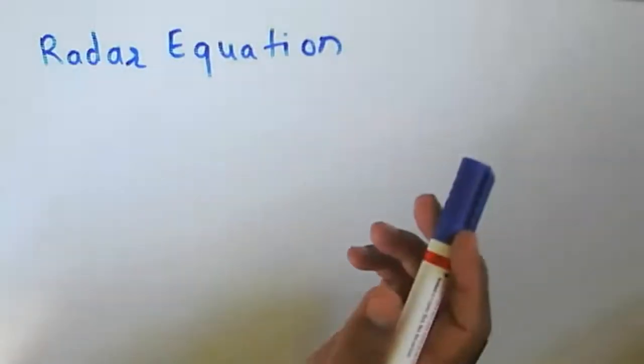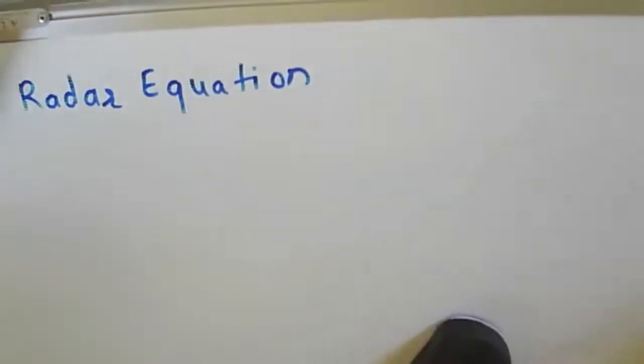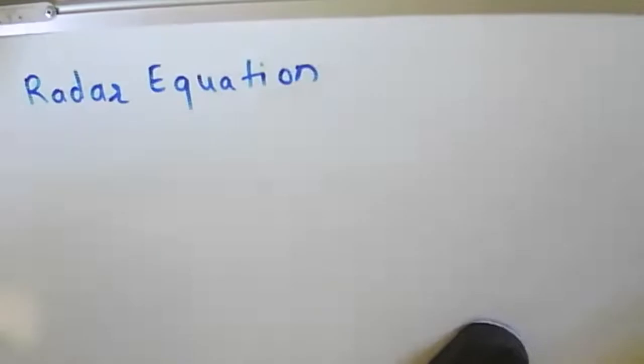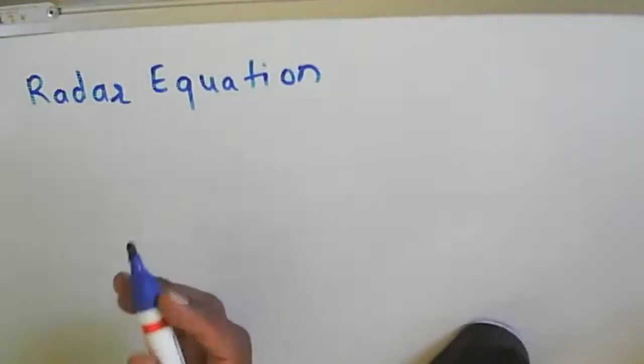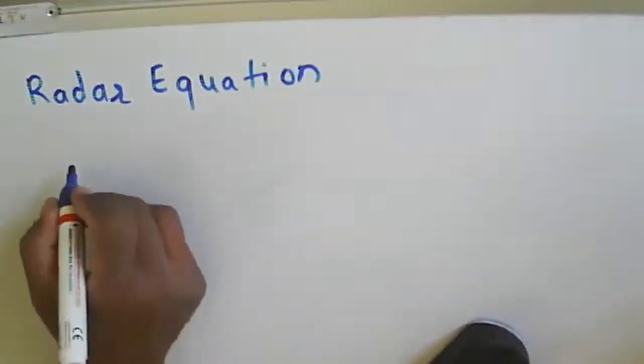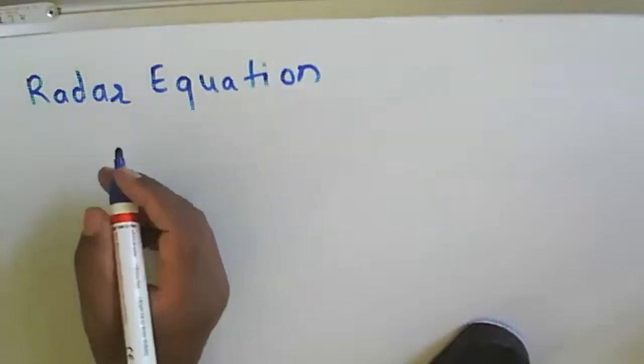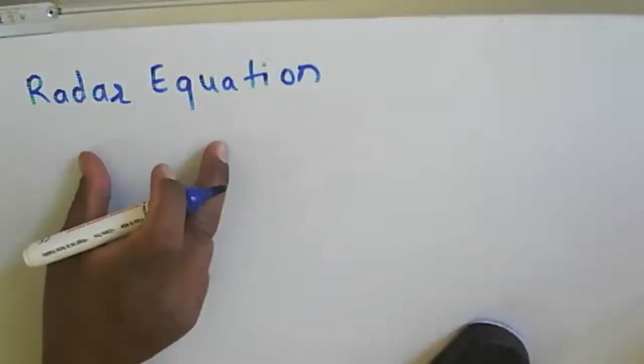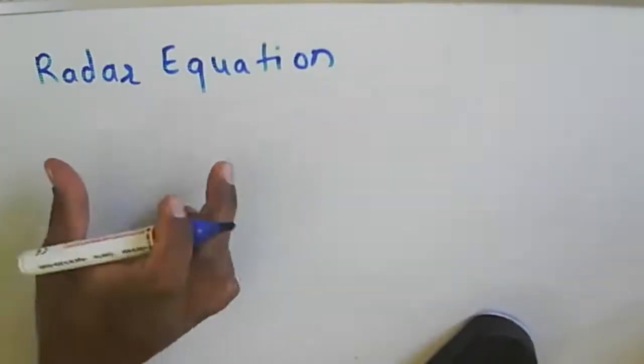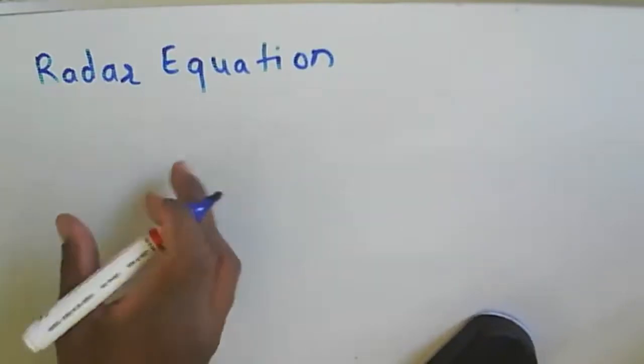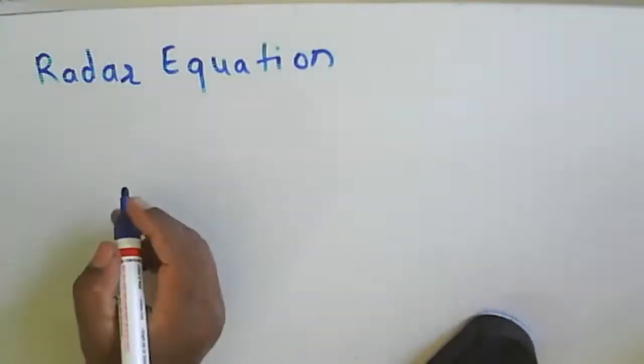Again we modify the R max. So we need to know how many pulses return from the target. That's why we need to know about the integration of radar pulses, and from the integration of radar pulses, we describe the radar equation again.